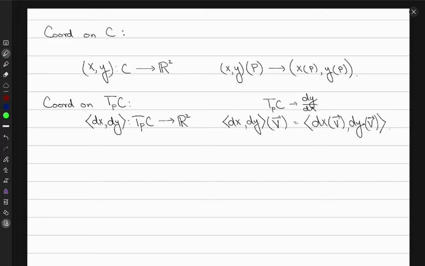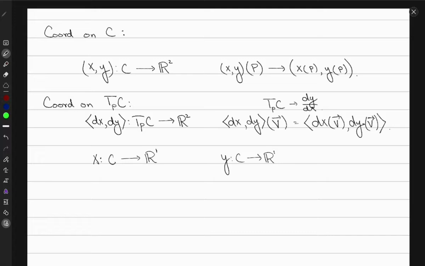And now let's define these variables x, y, and dx and dy. So x is a function on C that goes to the real numbers of 1 dimension, because it's just the x coordinate, just one coordinate. And y is a coordinate on C that goes, again, to R1.